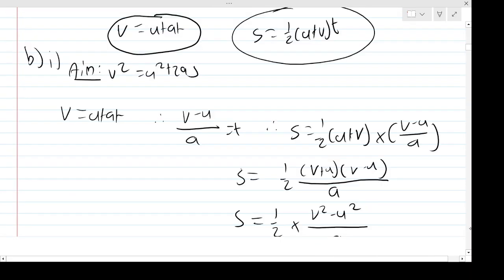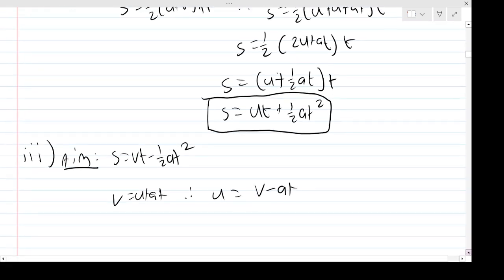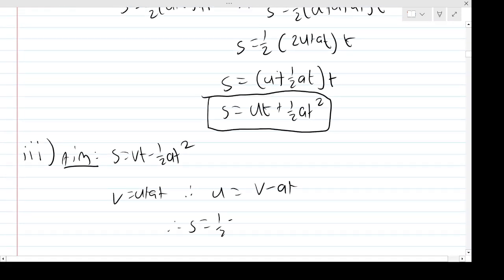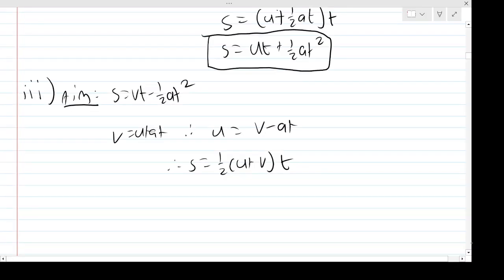So if we start with v is u plus at, therefore u is going to be v take away at. And so if s is again a half of u plus v times t, then s is going to be half of u, which is v take away at, add v, times by t.